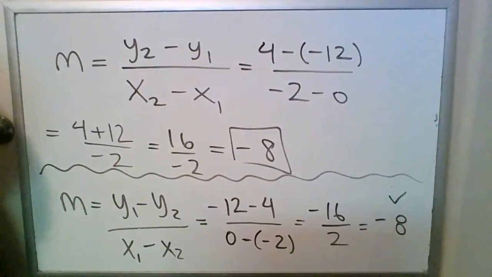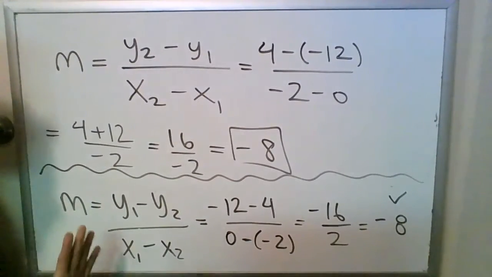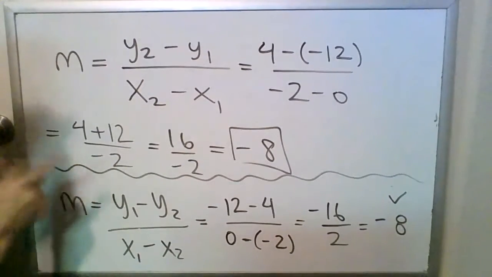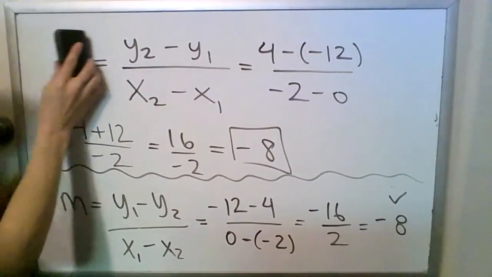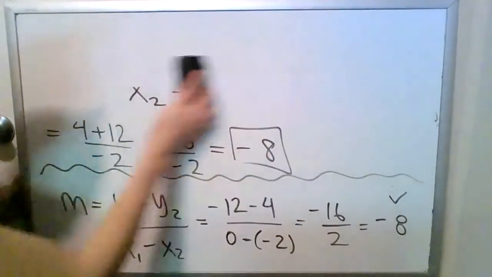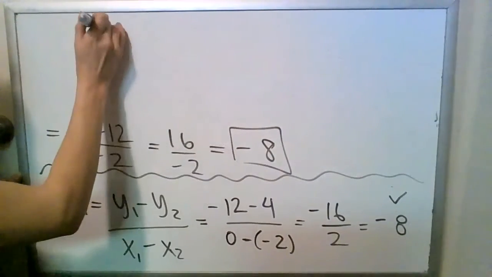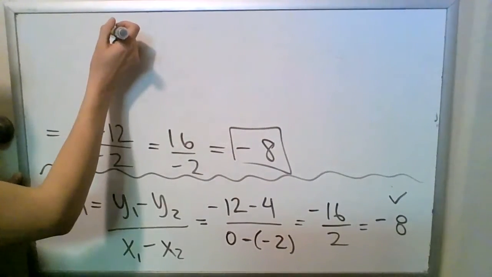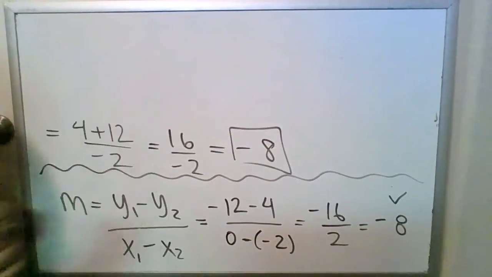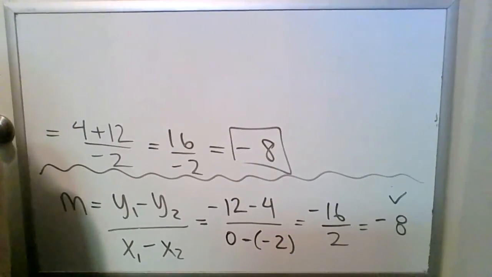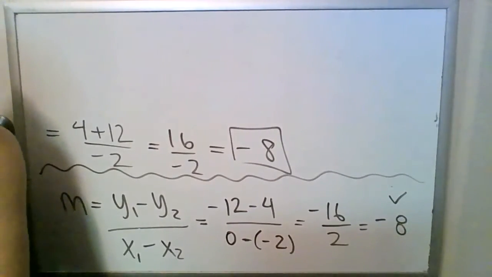Okay, I think we can do the equation of a line. And this is just one of the equations that you can use to create a line. Yeah, this one's called slope intercept and the other one's called point slope.